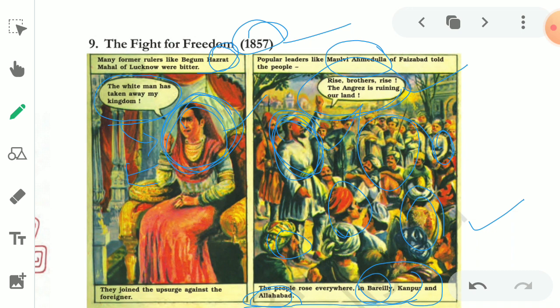These are the places in our country where people started to show their awareness, and they decided to make the country free from British rule.